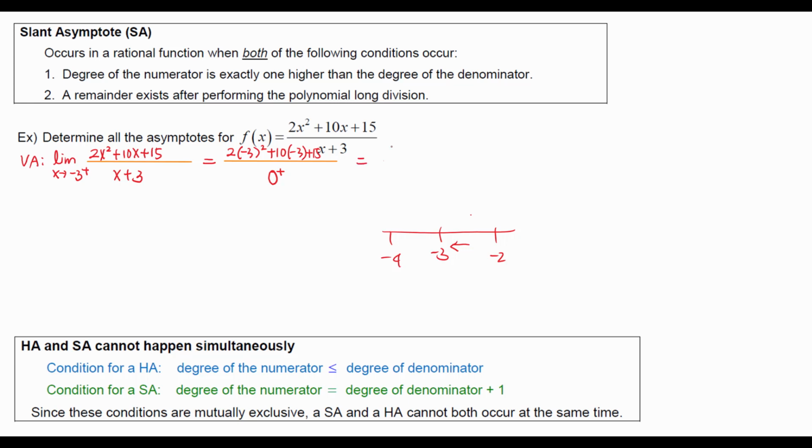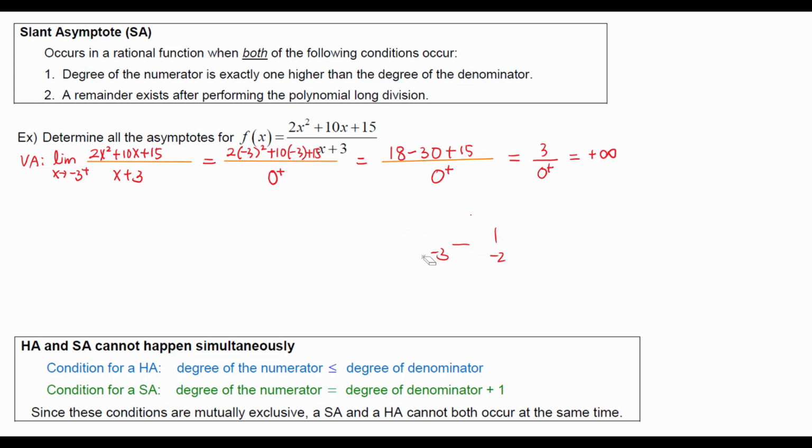And my numerator, when you calculate, I get -3 squared is 9, 9 times 2 is 18, minus 10 times -3 is -30, plus 15, over a positive small number. And because you get +3 over a positive small number, you do get positive infinity.